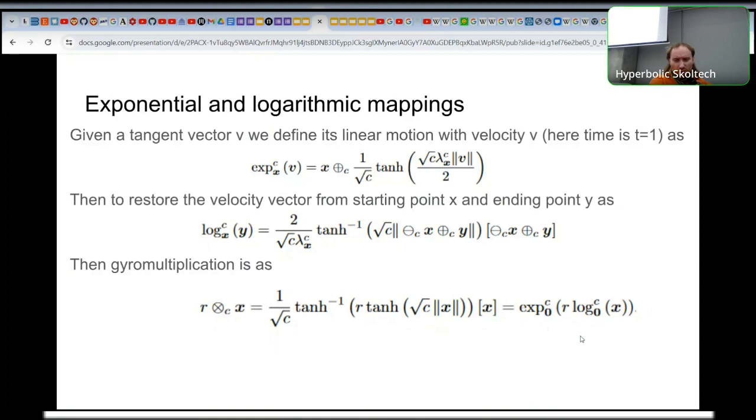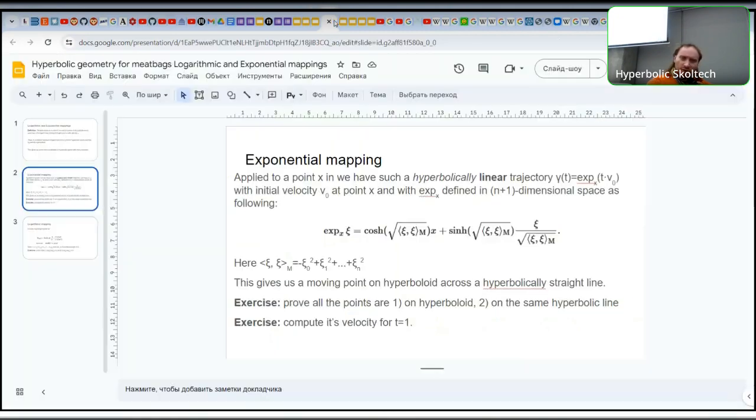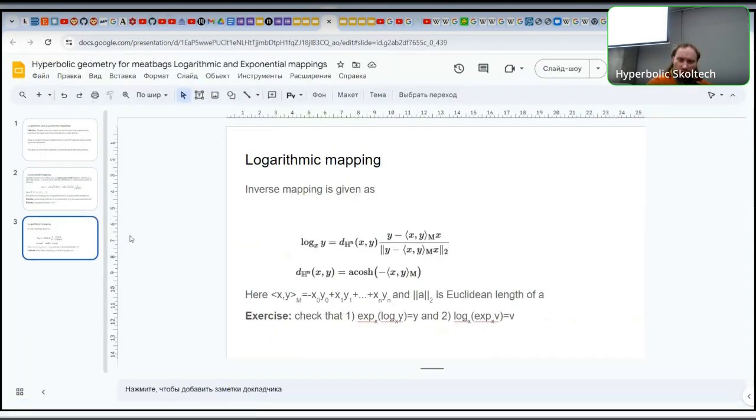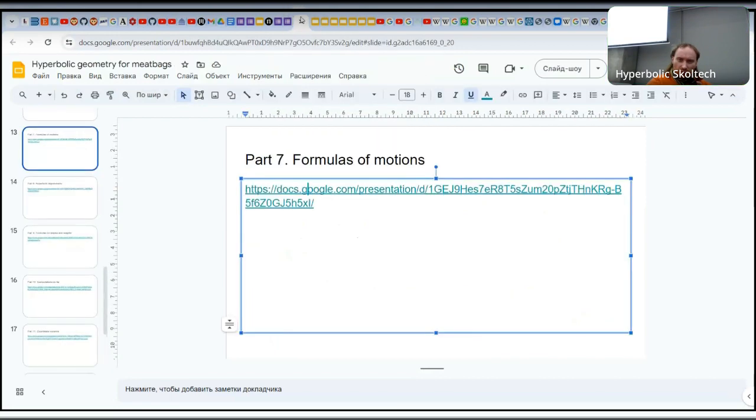Because if you're taking... maybe probably no, because it makes sense. Yeah, sorry. Take a point from our space and we go to the tangent space, we scale it, and then we get back.